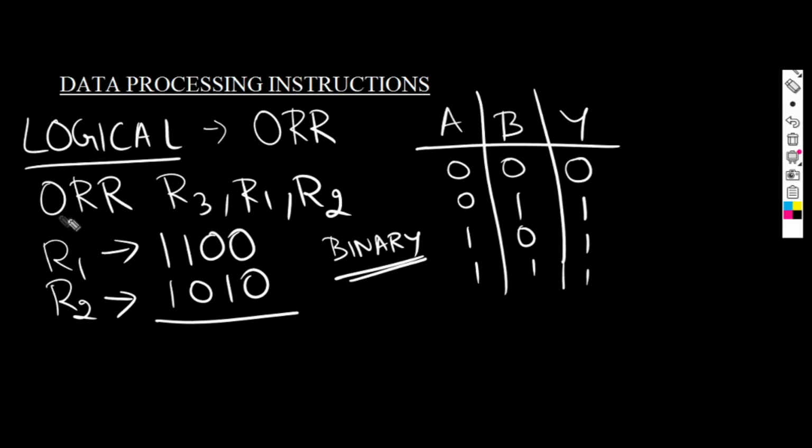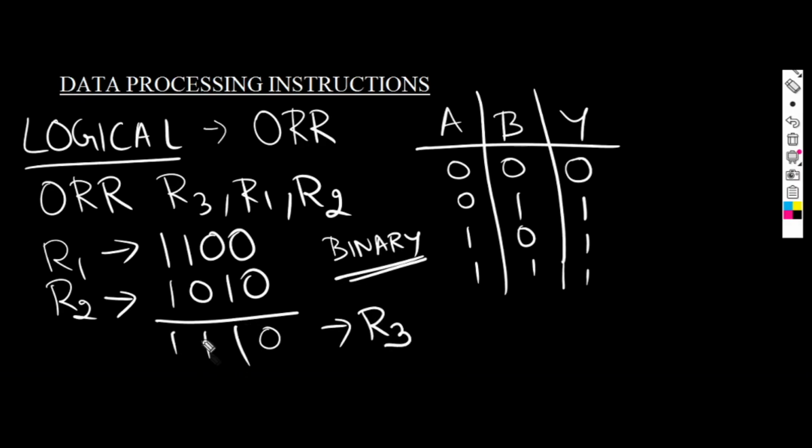In our case, R1 is A and R2 is B. I mean, the individual positions we consider here are A and B. 0 and 0 output should be 0, 0 1 output should be 1. Here 1 0 is again 1, 1 1 is again 1. So this answer is stored in R3.